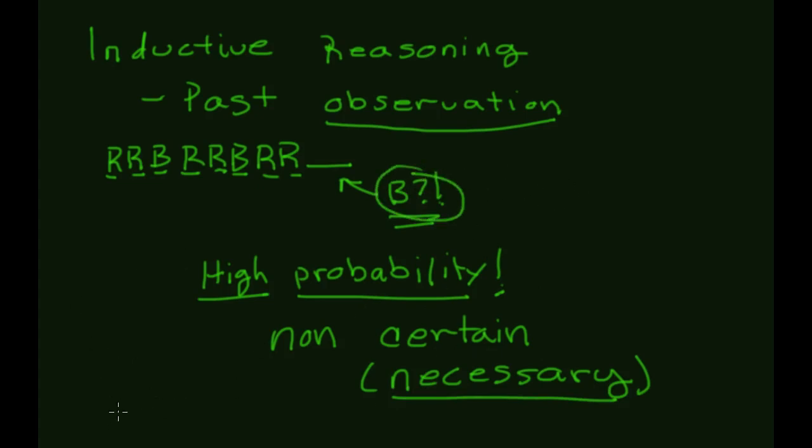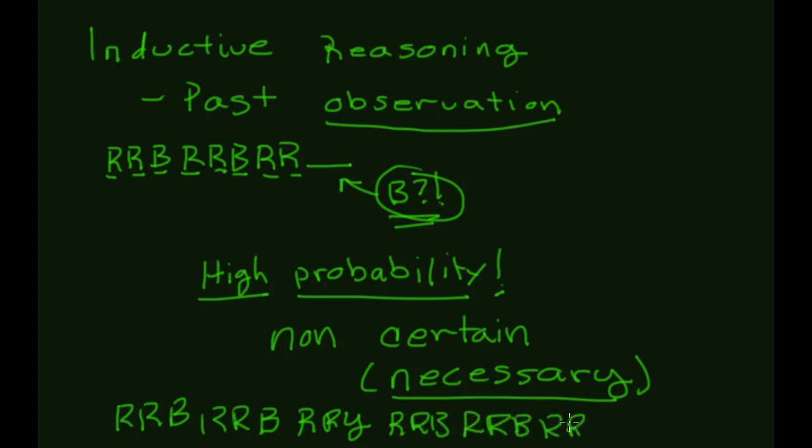So for example, this pattern could be red, red, blue, red, red, blue, red, red, yellow, red, red, blue, red, red, blue, red, red, yellow, and so forth and so on. And it might keep carrying that pattern.